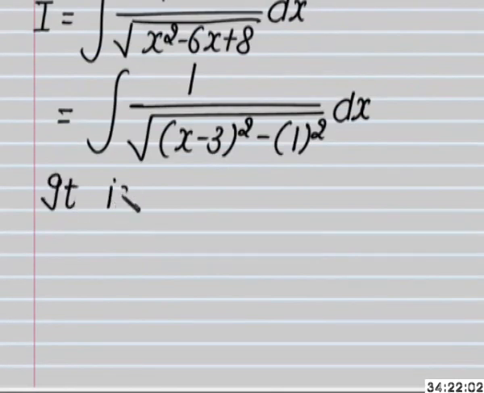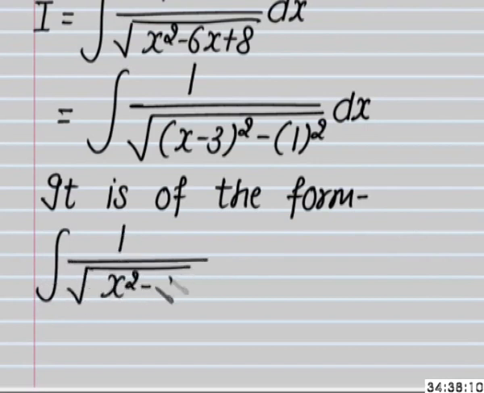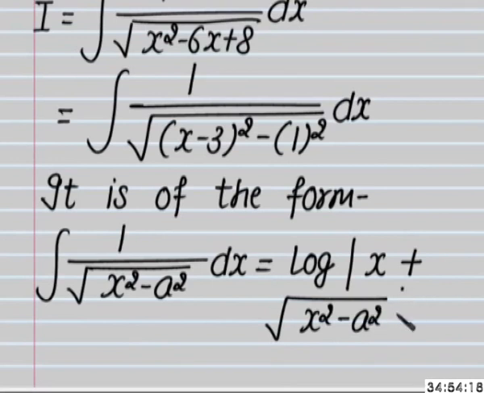It is of the form integral of 1 upon square root of x square minus a square with respect to x is equal to log of mod of x plus square root of x square minus a square plus c, where c is the constant of integration.